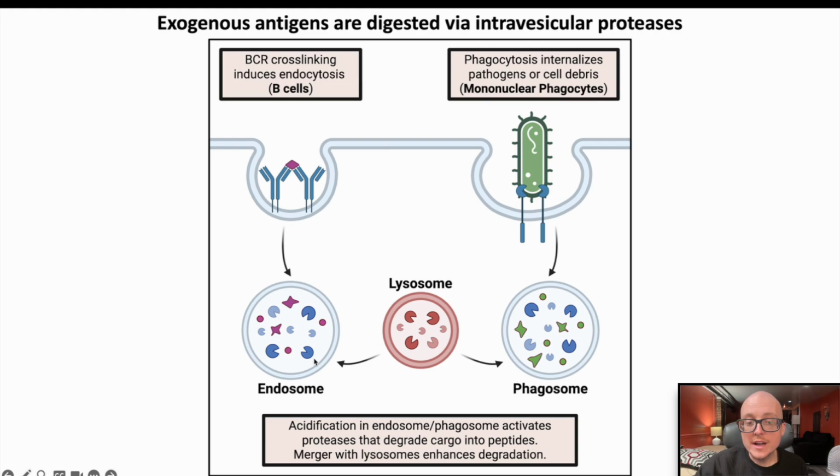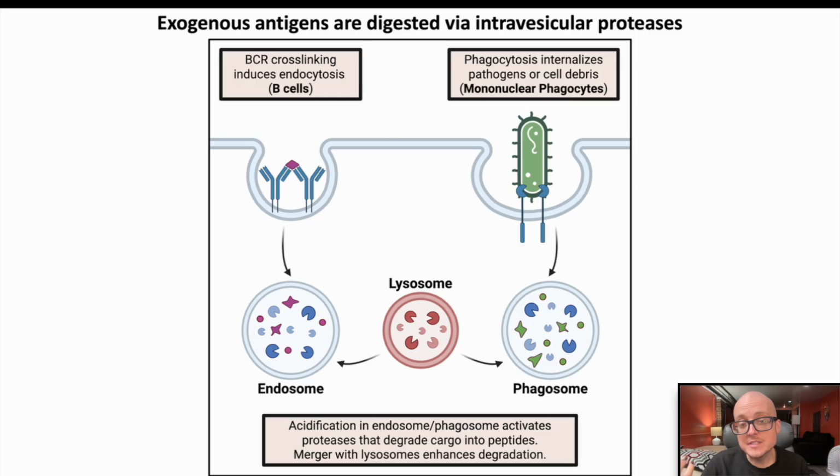And within the environment of the endosome, endosomes progressively acidify as they mature. And the combination of that acidic environment, as well as a set of proteases within the endosome that turn on in response to increasingly acidic environments, these proteases also tend to cleave those antigens that have been pulled into the endosome and degrade them into smaller fragments, which is what you're seeing here in this image.